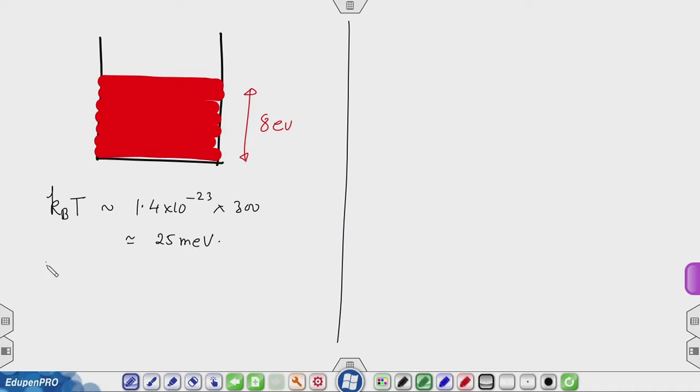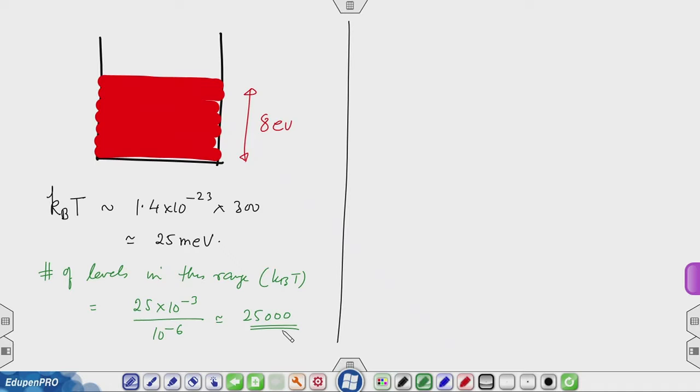So, the number of levels in this range kBT is equal to 25 times 10 raised to minus 3 divided by 10 raised to minus 6. That was roughly the difference between two levels. So, that is 25,000.